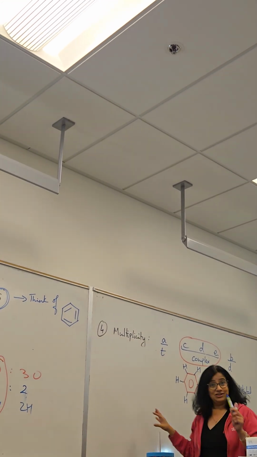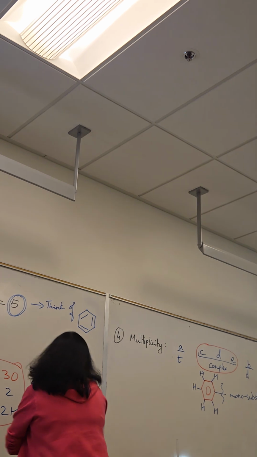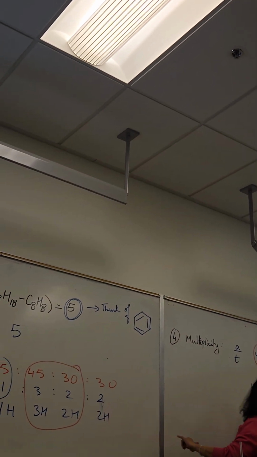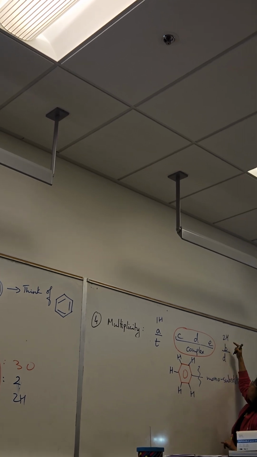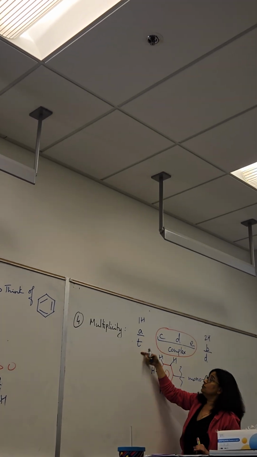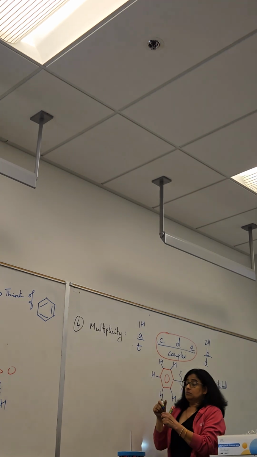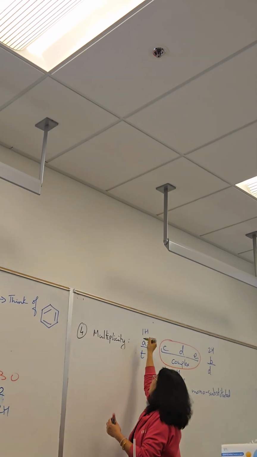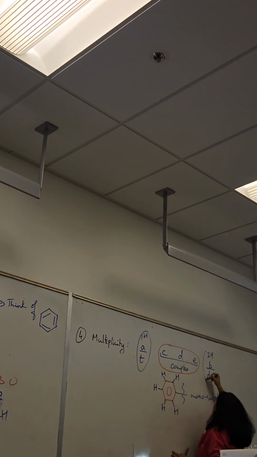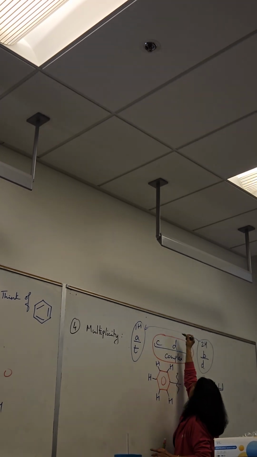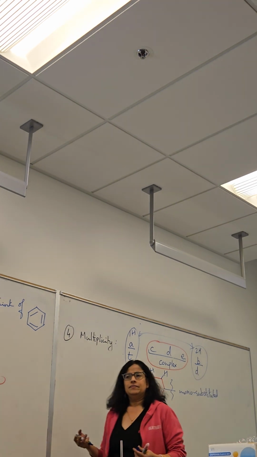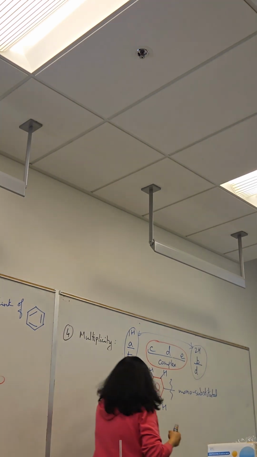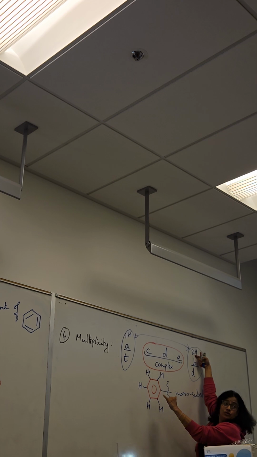Yes? Good? Okay. Now this is 2 hydrogens. This is 1 hydrogen. This is 2 hydrogens. That's a doublet. This is a triplet. Is it okay therefore for us to combine them? Those are connected to each other? Sure. Because this is a triplet because of the 2 hydrogens.